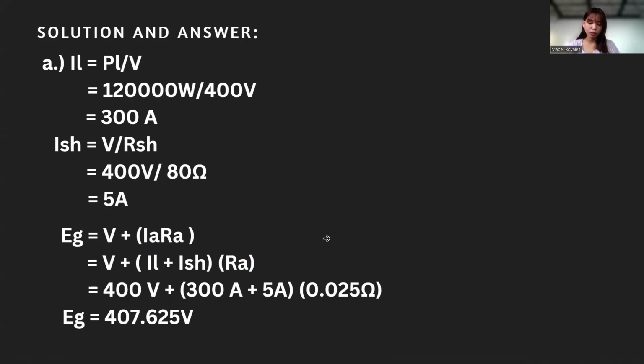So, 400 volts plus 300 amperes plus 5 amperes times 0.025 ohms equals 407.625 volts.